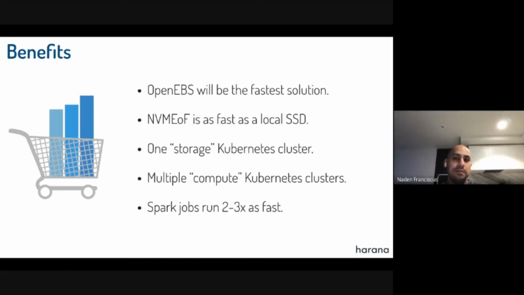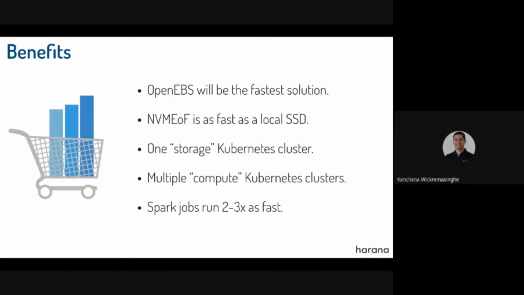Is there another question, Nilesh? I haven't worked with EBS for a while. I think I worked with it last year on an OpenStack platform. When I was working on it, I knew that OpenEBS was working on an iSCSI driver.